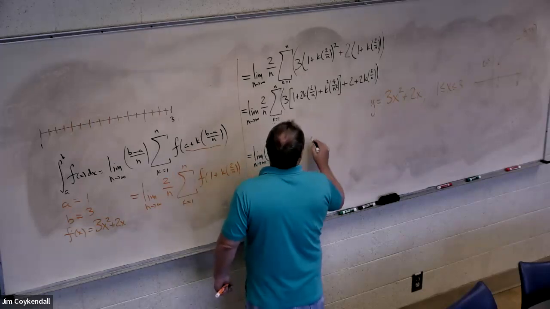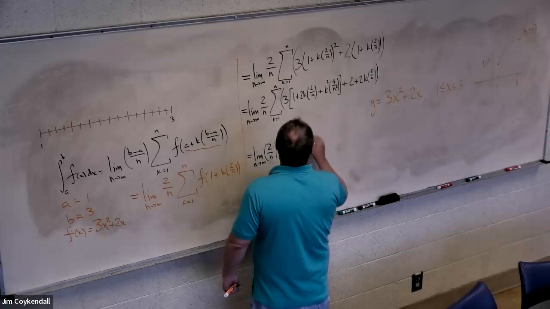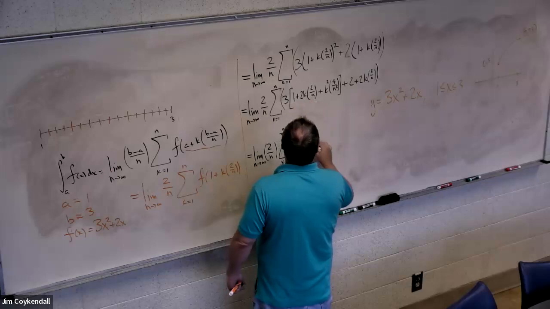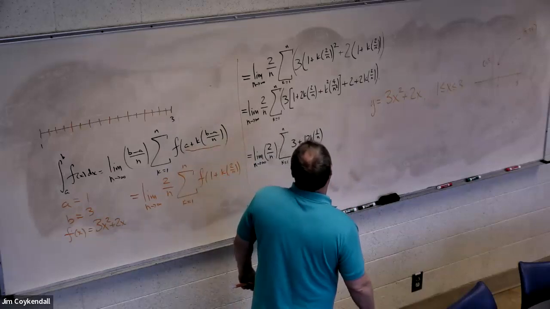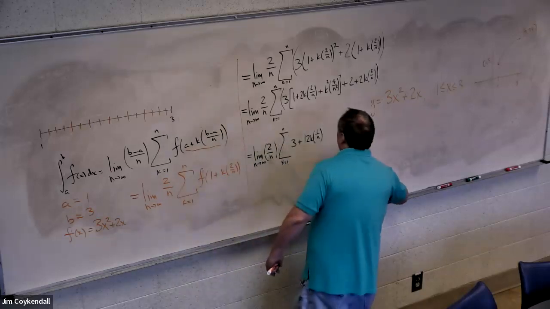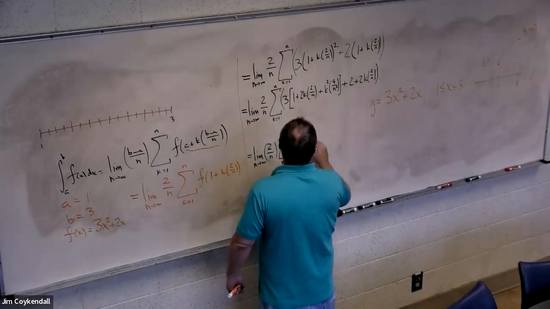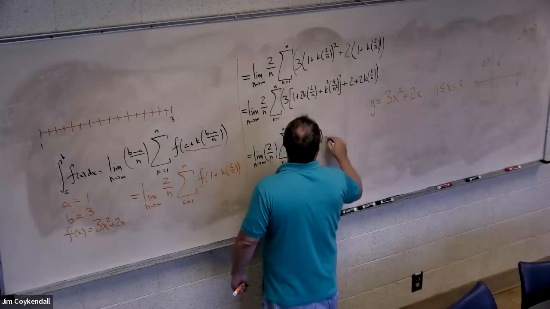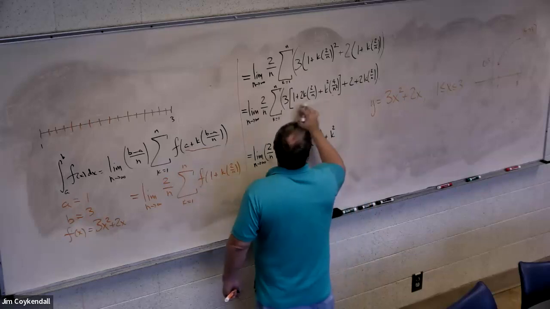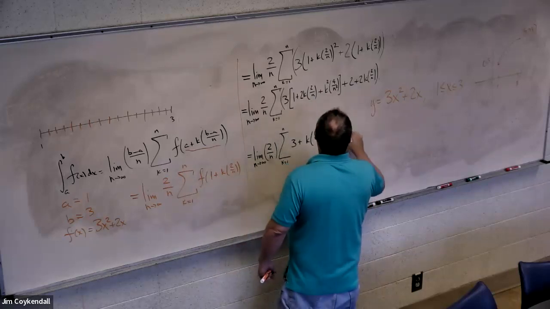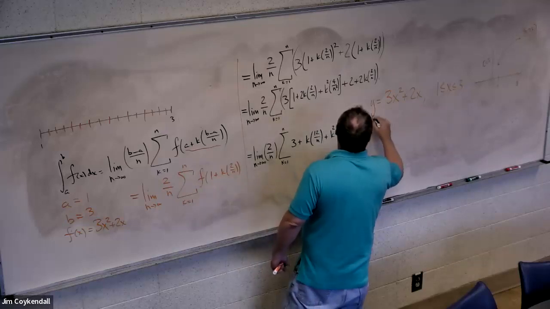This is 3 plus, let's go, 6, 12k over n. Well, actually, let's do this. That's my 3 times 2 is 6, 12, k times 12 over n. That's going to be k squared times 12 over n squared, plus 2 plus k times 4 over n.